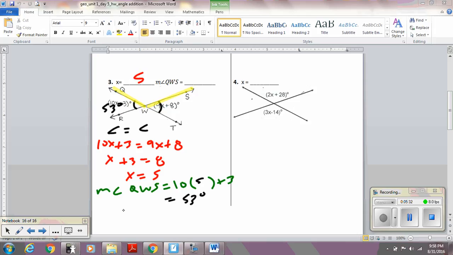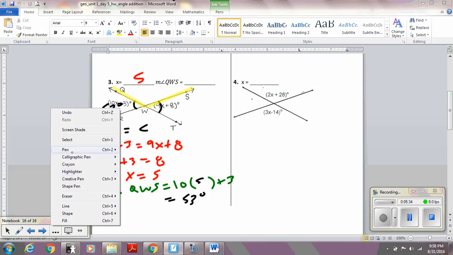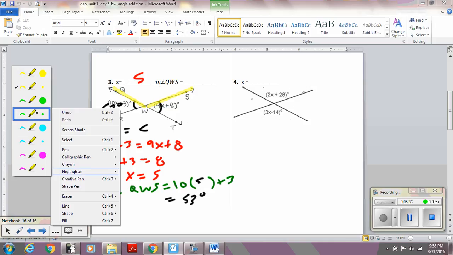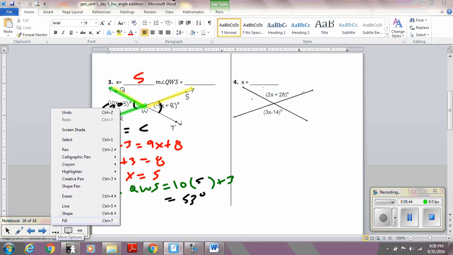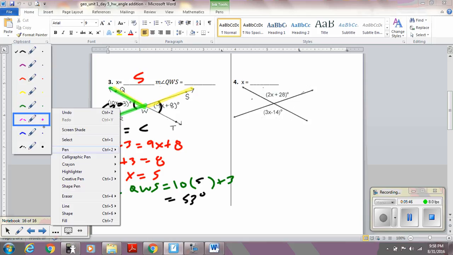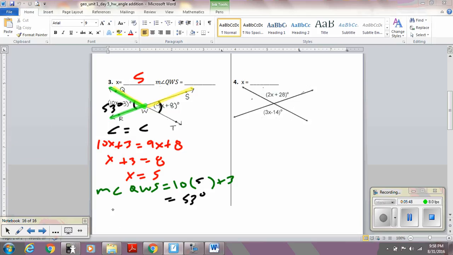That angle and the one highlighted in yellow you should recognize as forming a linear pair, which means they form a line and add up to 180. So if I take 180 minus 53, I will know what the measure of QWS is.